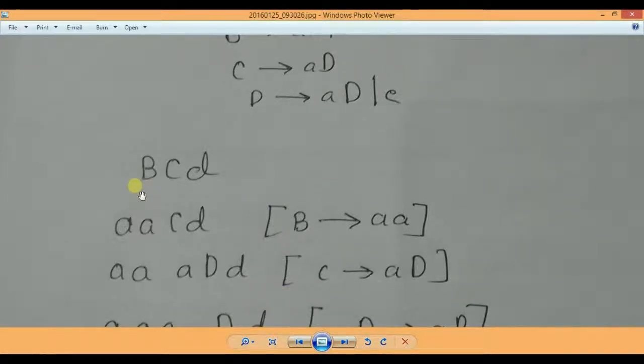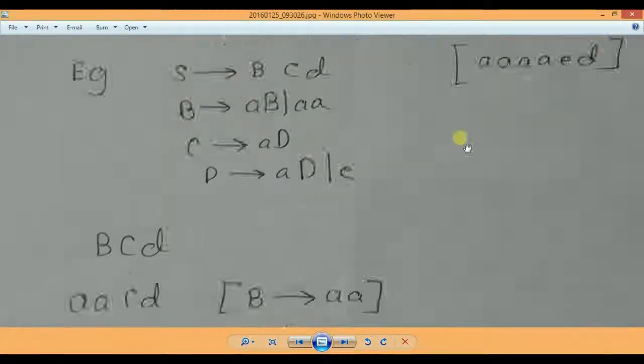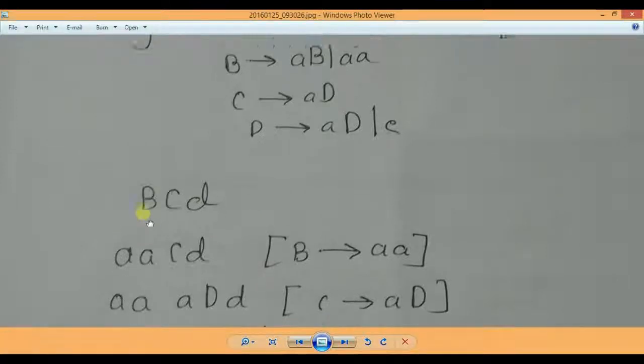We solve the variables from right hand side to the left hand side. Means we would solve D first, but small d is already a terminal. Then we have to solve C, get the variables and terminals, then keep solving from right to left.